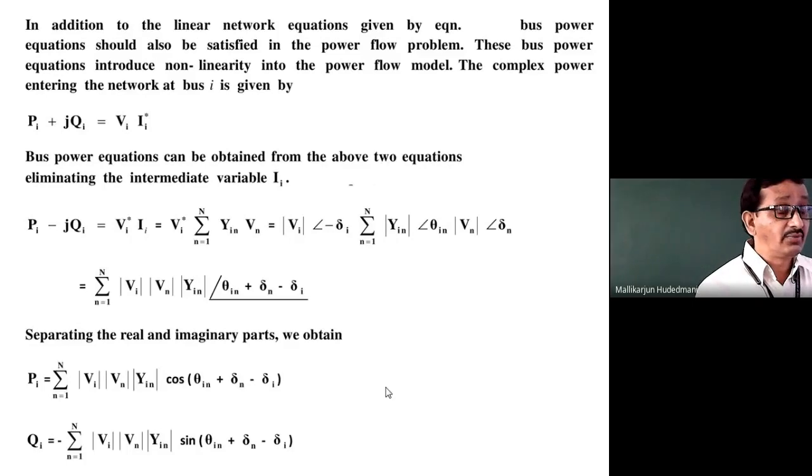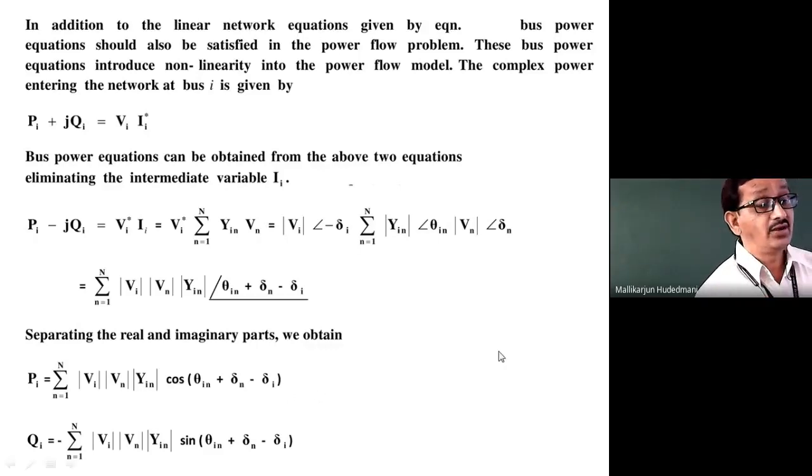If I have 100 buses in the system, i may span 1 to 100. As per the connectivity type, whether the bus is a generator bus, a load bus or a slack bus, the number of times I should solve the Pi and Qi equations is based on that.